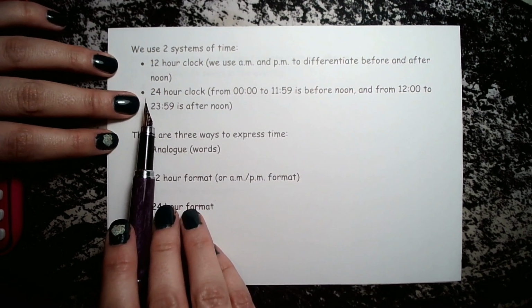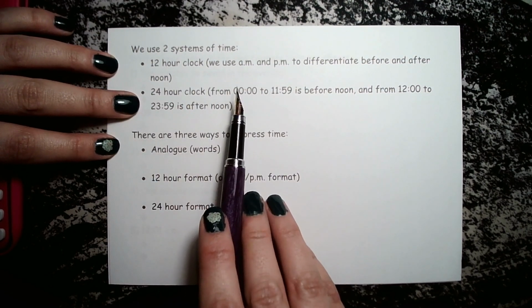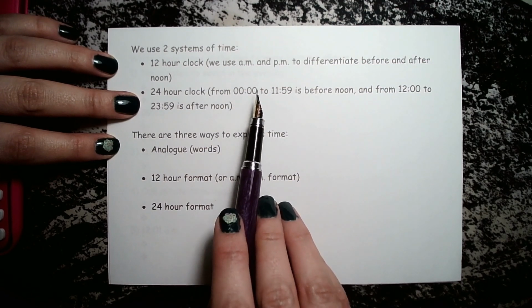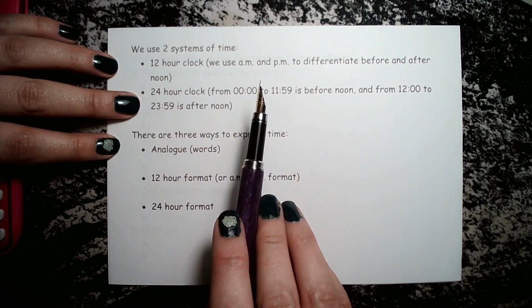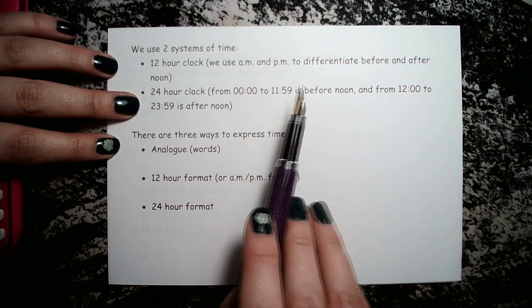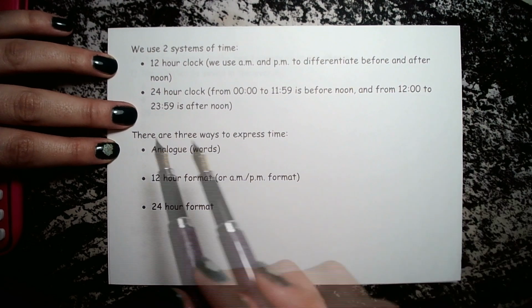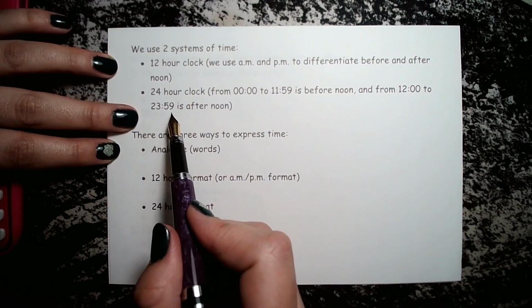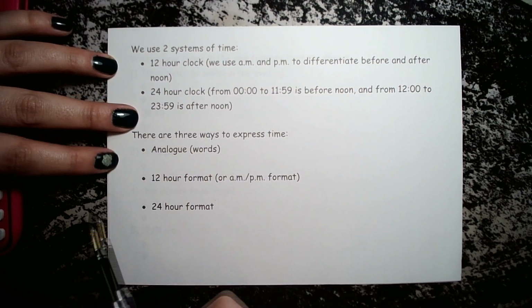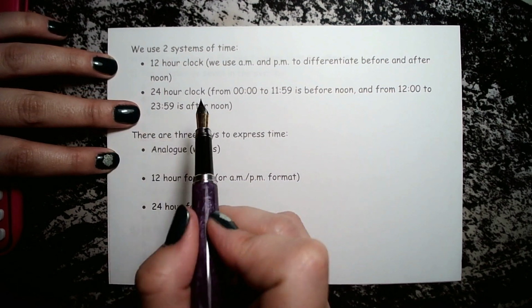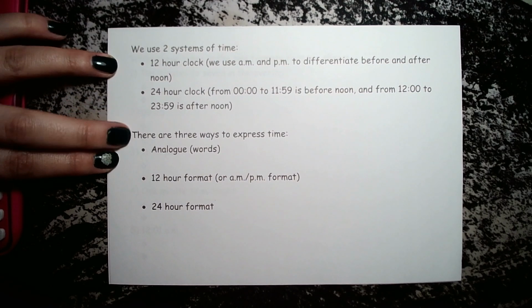On the 24-hour clock, we use from 0 to 11 hours. So from 00:00 to 11:59 as before noon. From 12:00 until 23:59 is afternoon. Midnight would be 24 hours, but the clock automatically resets to 0.